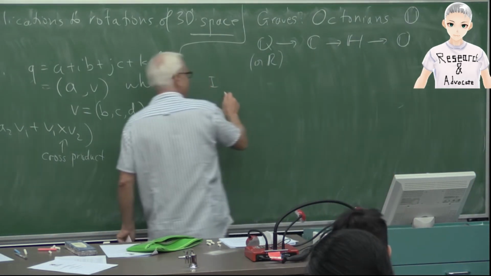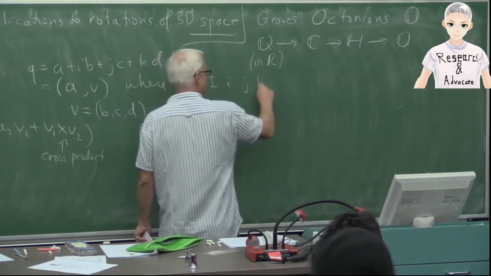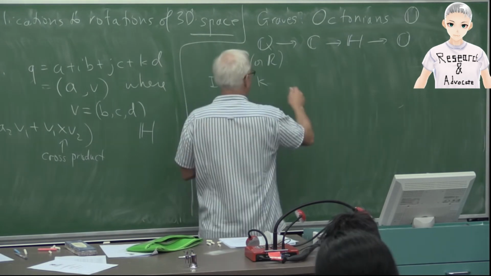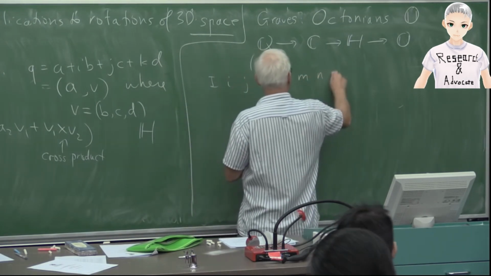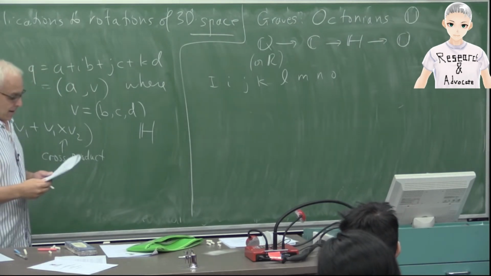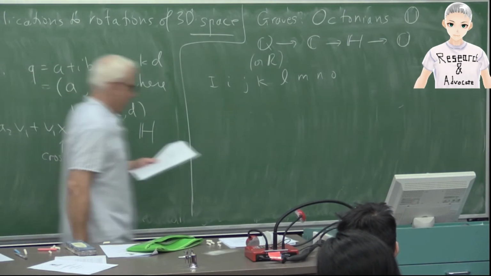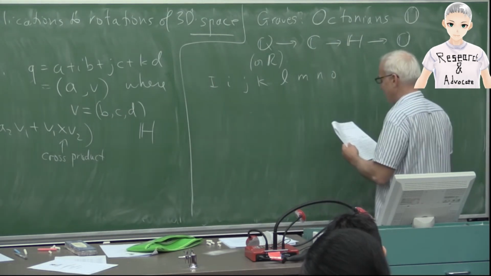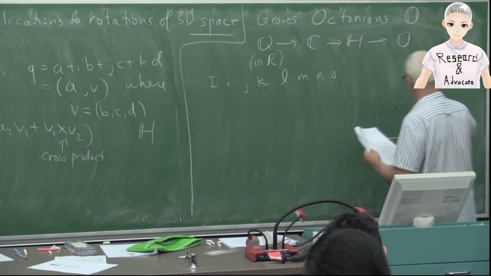So not only do we have an identity, we have an I, J, and K, but now we have 4 more things, L, M, N, and O. And then it turns out that the multiplication can be kind of encoded in the following diagram, pleasantly.